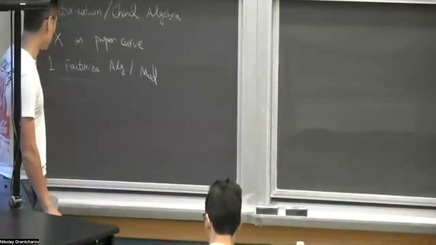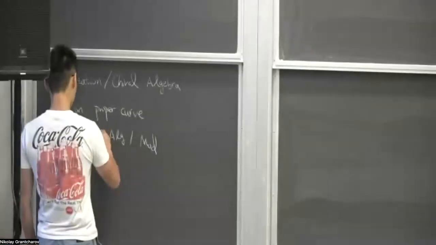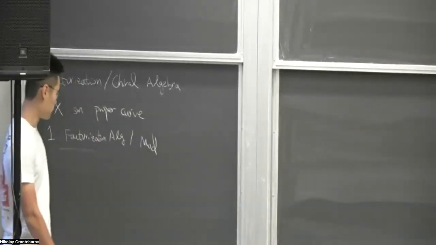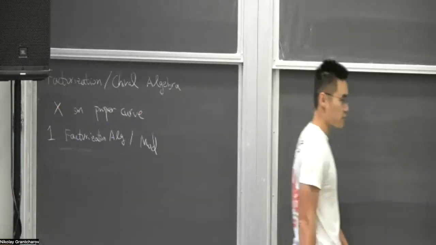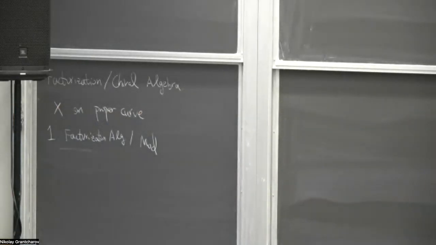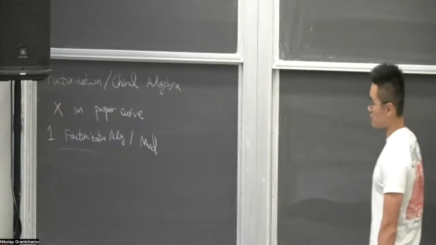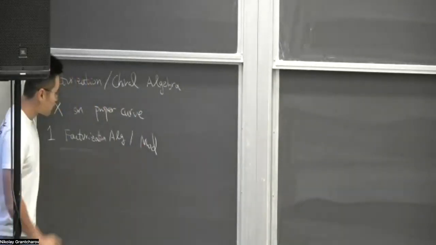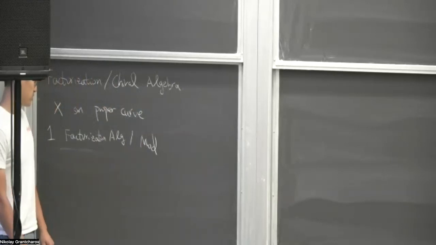Okay, so what do we want? We want a certain collection of modules over any copies of X, which have this factorization property that we've seen for spaces.